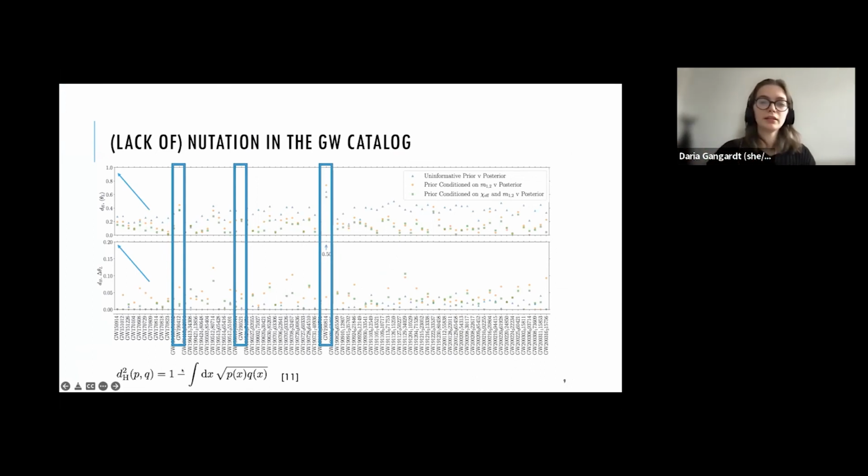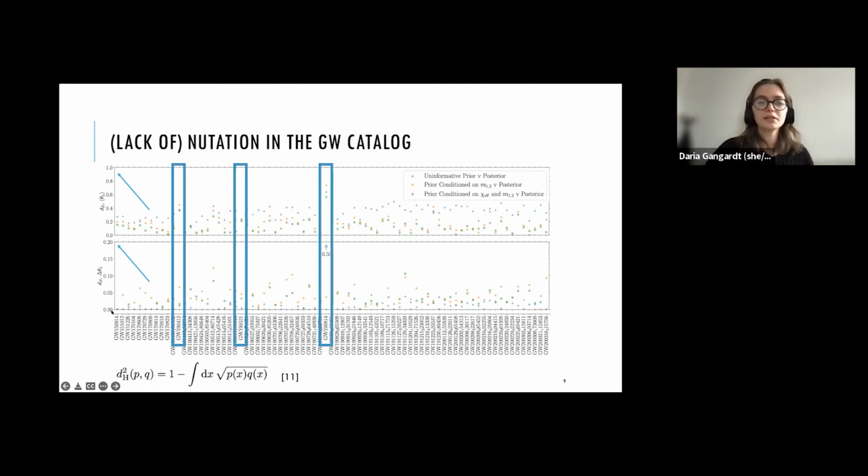And then here, to summarize the results, we use the Hellinger distance as a number to quantify how different a prior is from its posterior, where a value of 1 means that they're very different and a value of 0 means that they're not. Across the population, we find that we cannot constrain nutation very well at all.